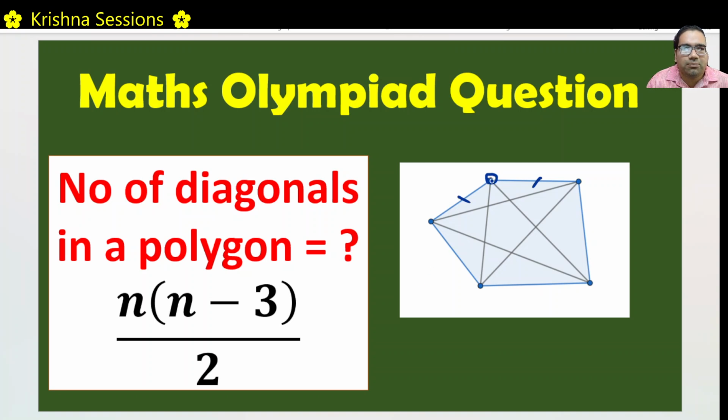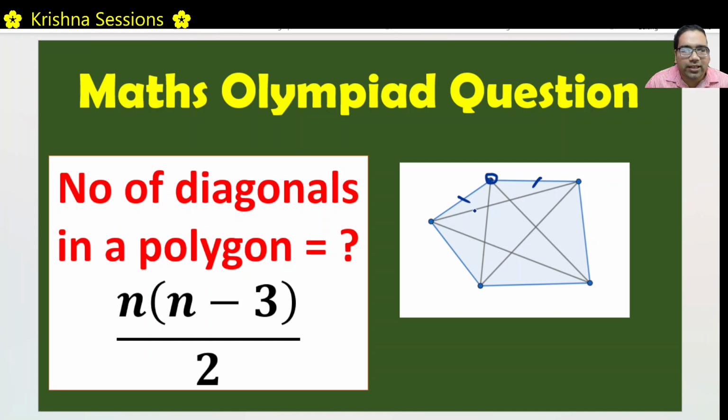So in any polygon, for any point, for 3 points, you cannot draw diagonals. If you take any point, you can draw how many diagonals? Whatever is the total number of points minus 3, because 1, 2, 3, you cannot draw a diagonal for these 3. If there are 5 points, then from each one of the points, you can draw two diagonals.